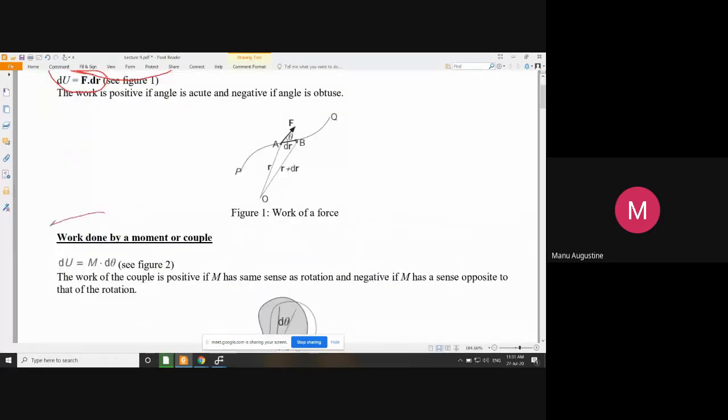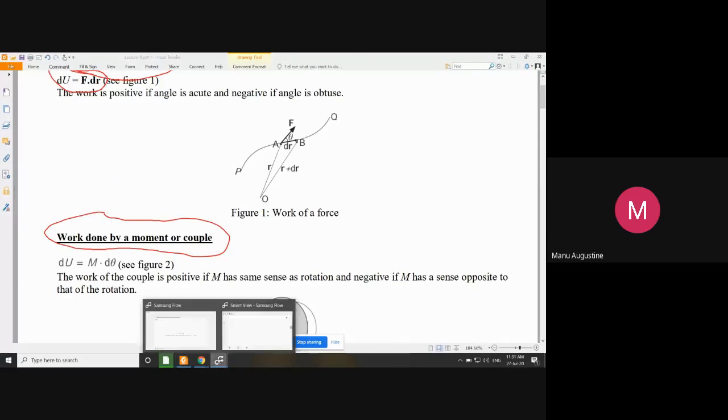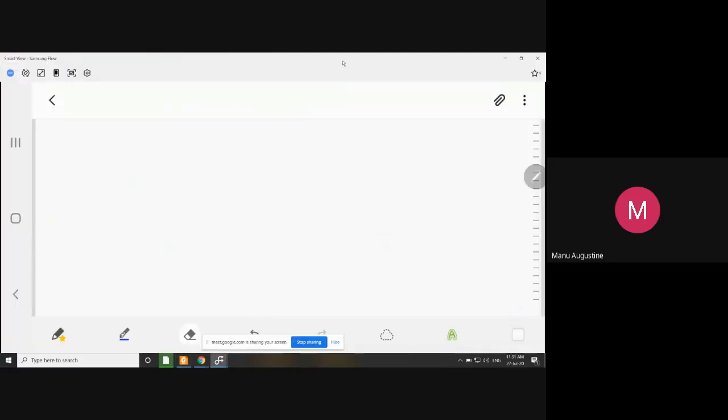Okay, before we proceed to that, you should also have a concept and knowledge of work done by a moment or couple. Let us understand that too. Let us say I have a disk and it is connected to a spindle, which in turn is attached to ball bearings.